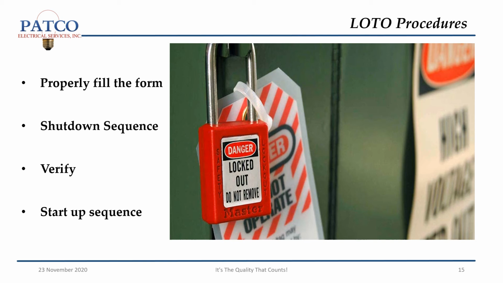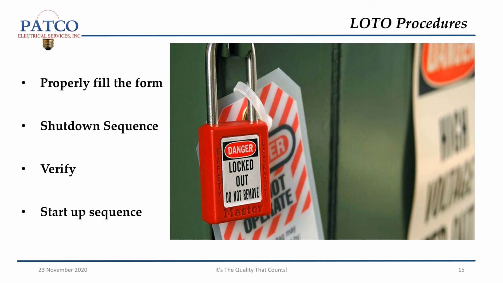Then you'll go through and make sure all authorized employees are trained in lockout tagout, all affected personnel are informed of the lockout tagout, have your pre-shutdown safety meeting, and note who the pre-shutdown safety meeting was conducted by. Then we go through your shutdown sequence. Again, it asks, were all affected personnel notified of the machine equipment shutdown?